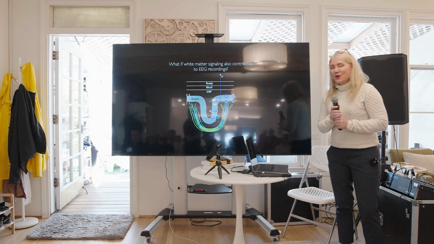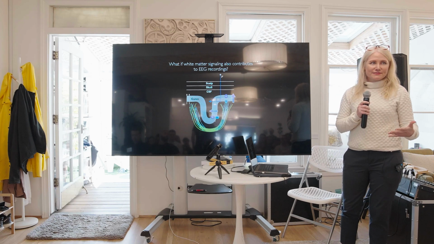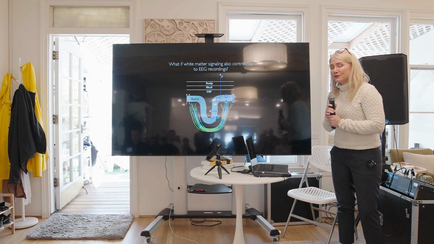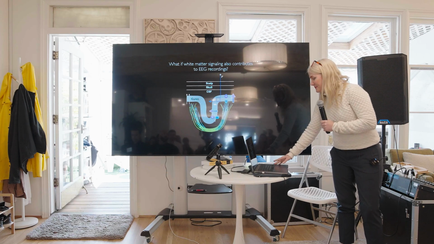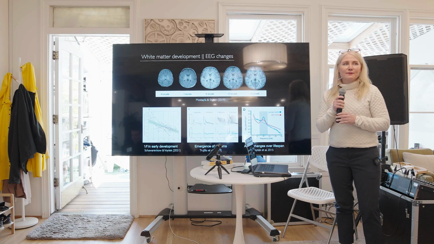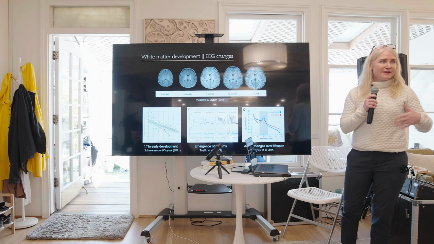But what if white matter did contribute to EEG signals? How could that be possible? There's a few clues here that I think are interesting. First of all, when we're born, we have something like double the neurons that we're going to have by age 2.